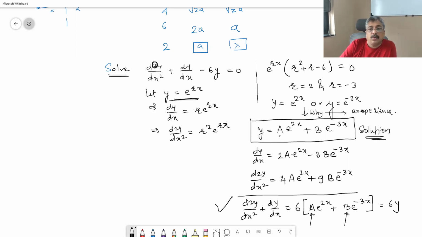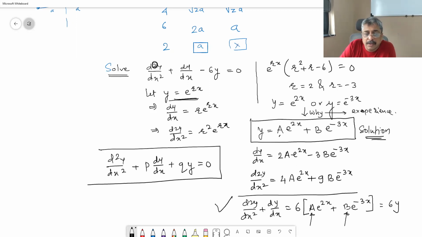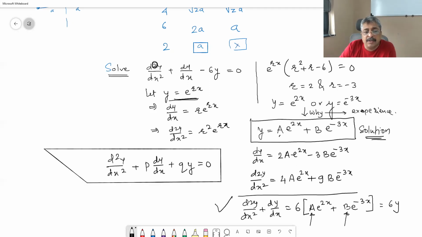Okay, now in general, d2y by dx square plus p dy by dx plus qy is equal to 0. If this is the form, then the solution will depend on basically the quadratic equation r square plus pr plus q is equal to 0. Like here the quadratic equation was r square plus r minus 6 is equal to 0.